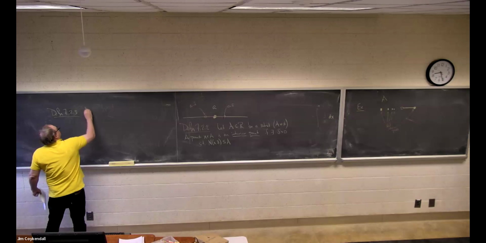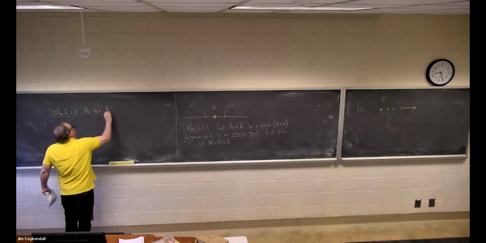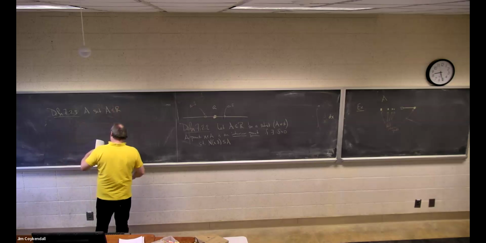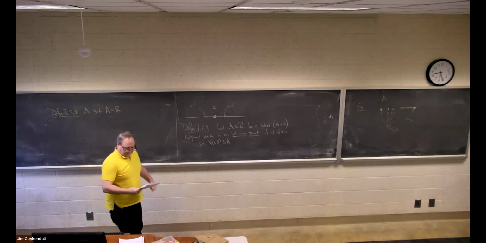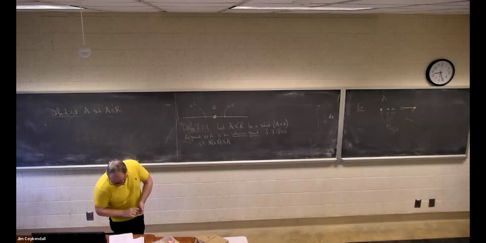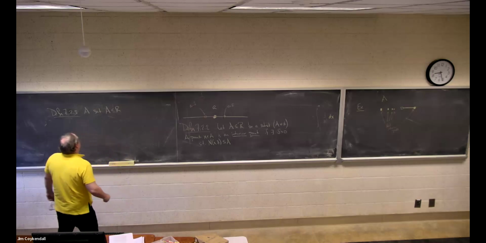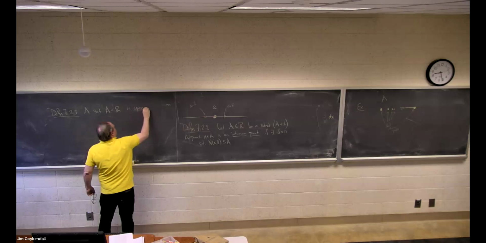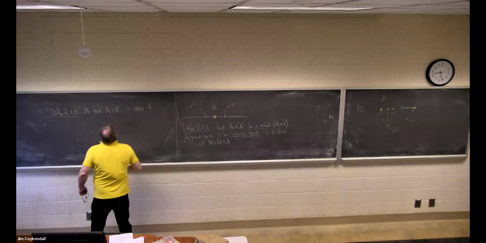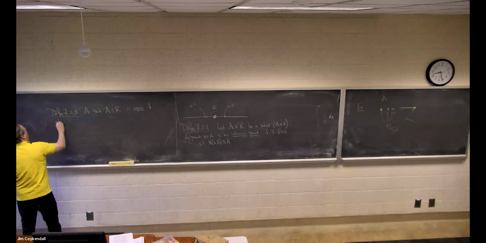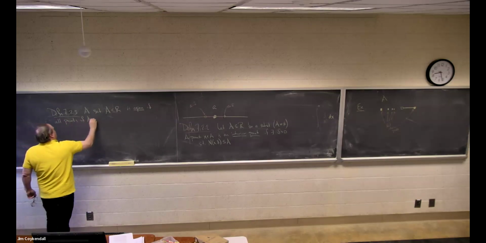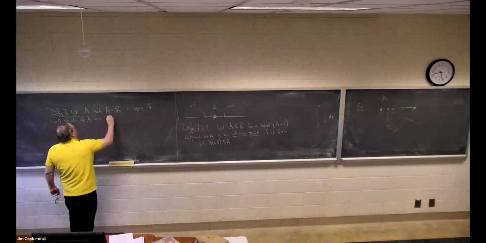A set A in R, the reals, is open. And in fact, you can define this more generally. A set is open if all points of A are interior points.